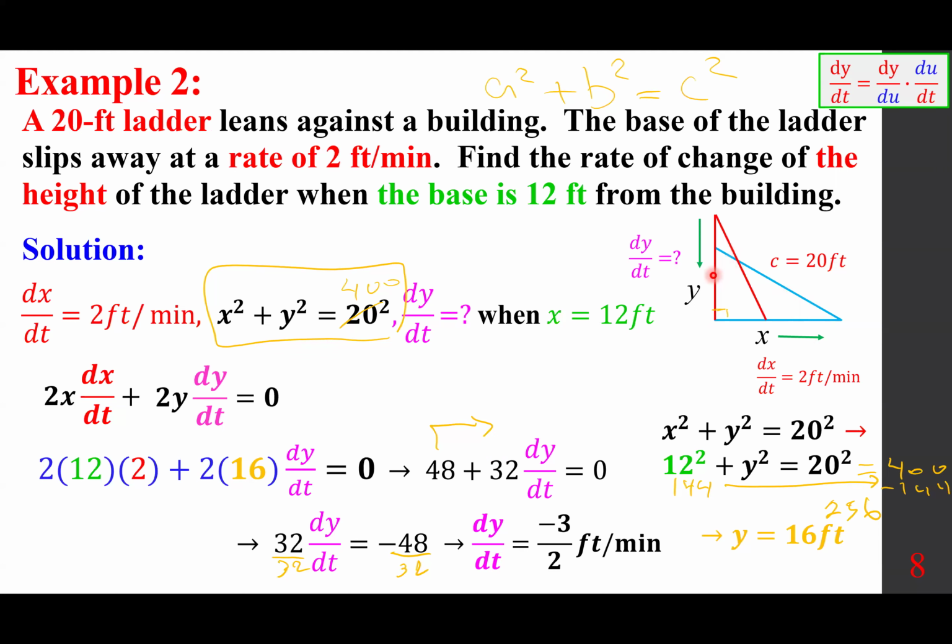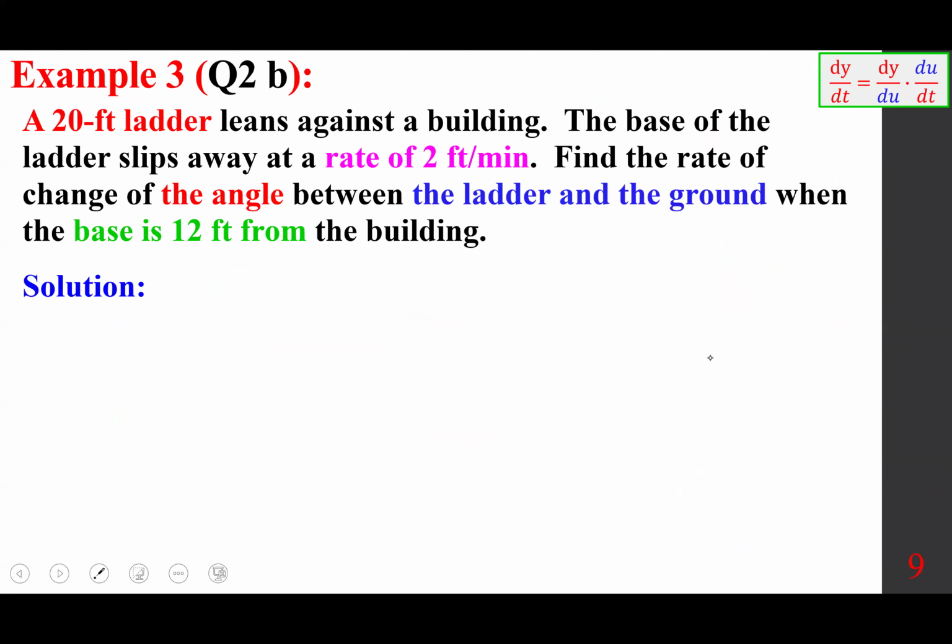So does this angle. So we can go to the same question and now ask what happens to the angle. This one is between the ladder and the ground. This one is between the ladder and the building. So it depends what they ask. Both are changing.